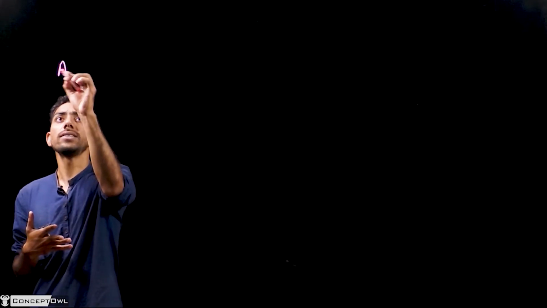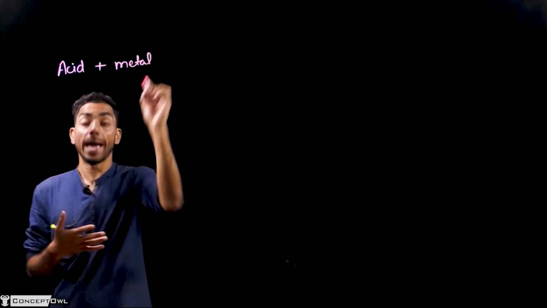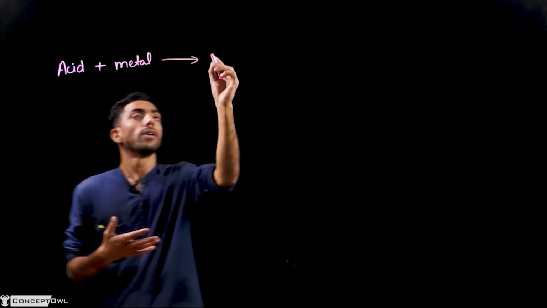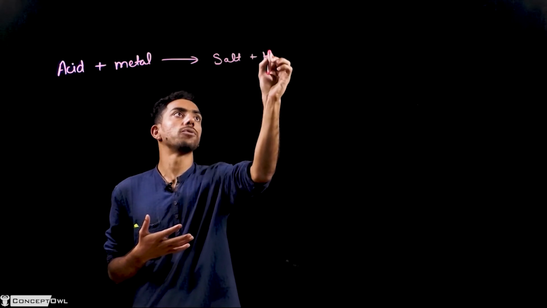So now let's try to find out the answer why acids are acidic. There is a very common and very interesting reaction of acids. Acids react with active metal and form salt plus hydrogen gas.